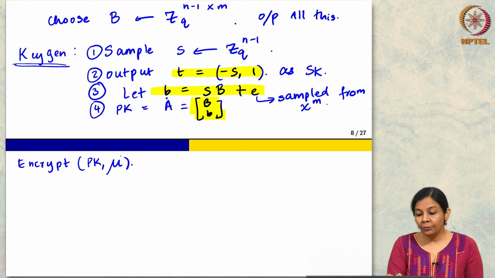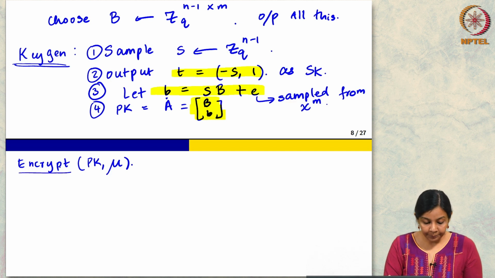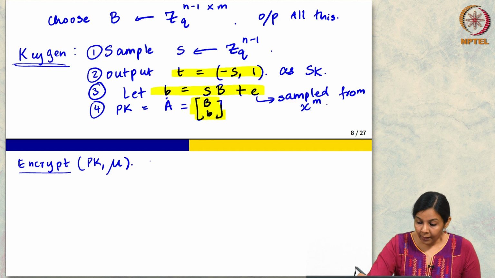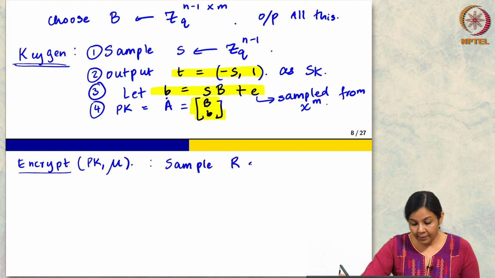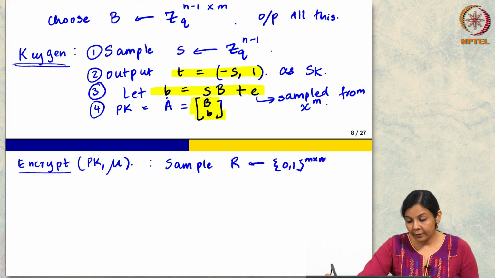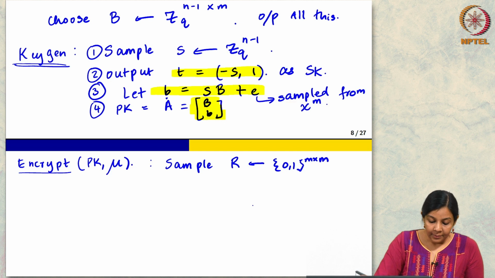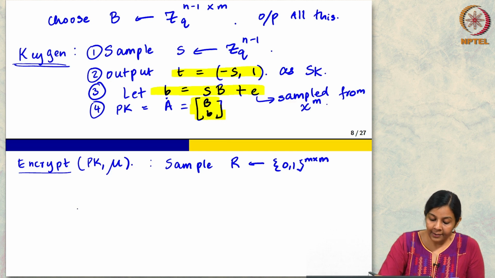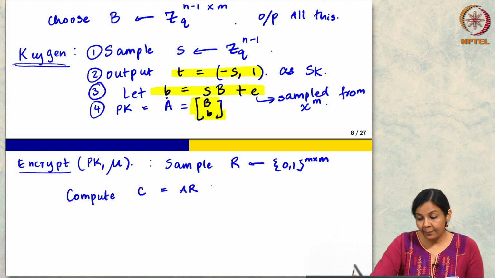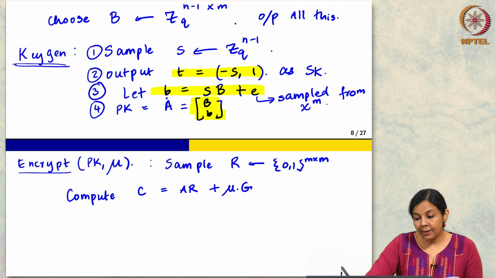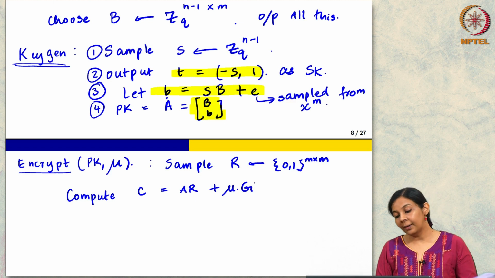So, in order to encrypt mu, what do I do? I sample a binary matrix R, in {0,1}^{m x m}, okay, and I compute C as A times R plus mu times G. This is my ciphertext.